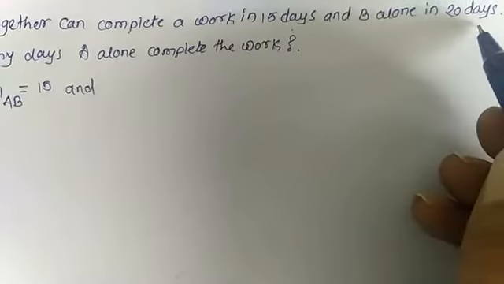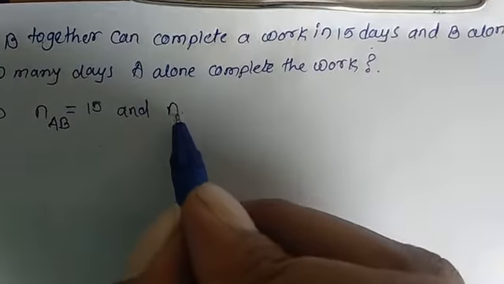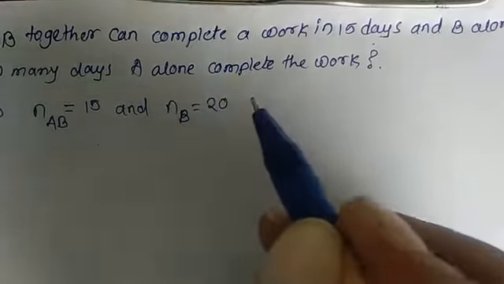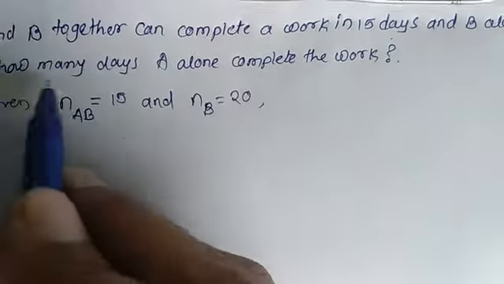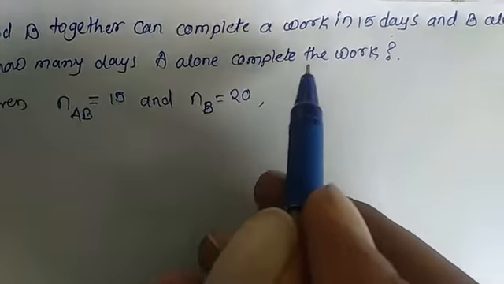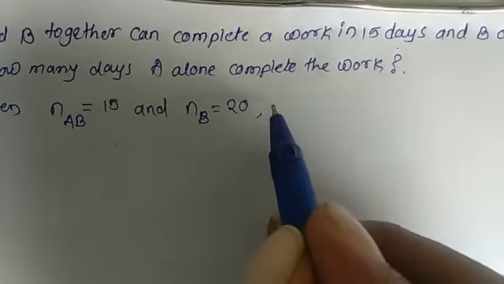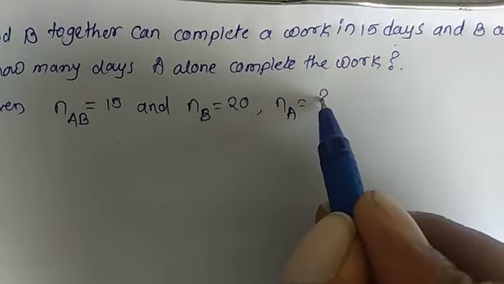B alone takes 20 days, so n_B is equal to 20. We have to find in how many days A alone completes the work, so n_A is equal to question mark.